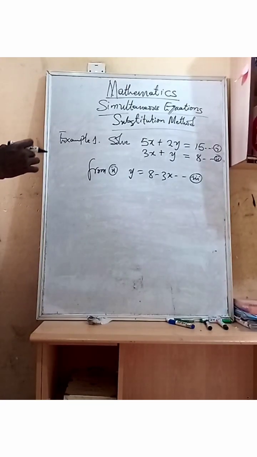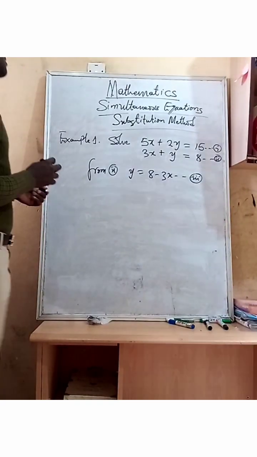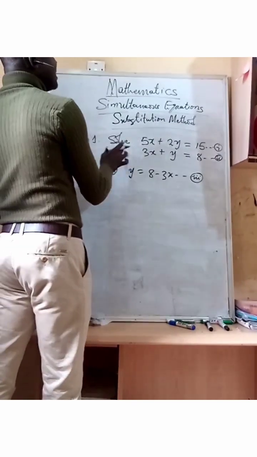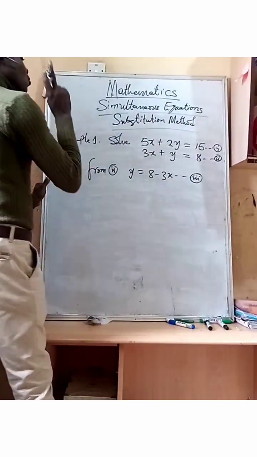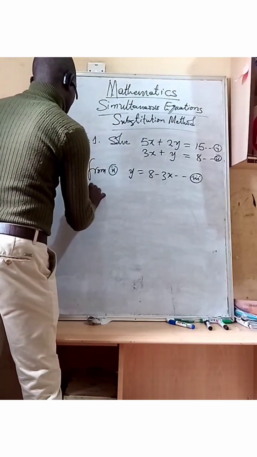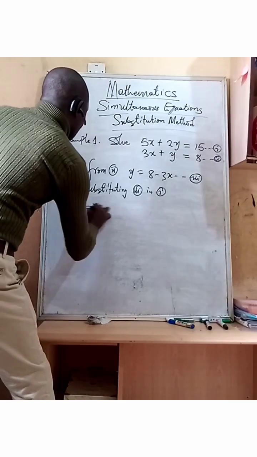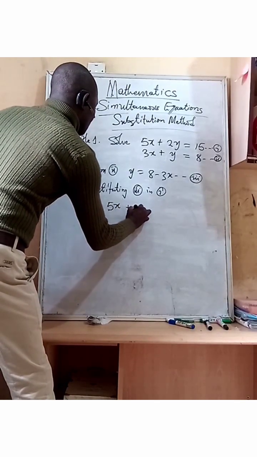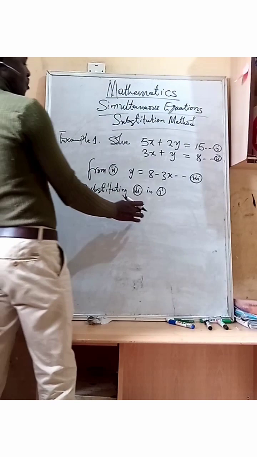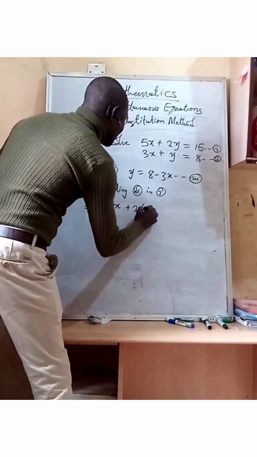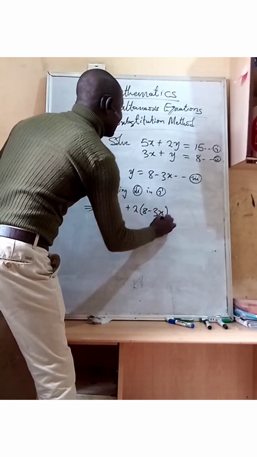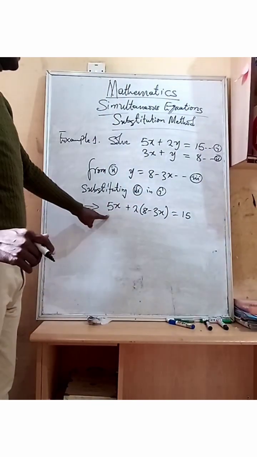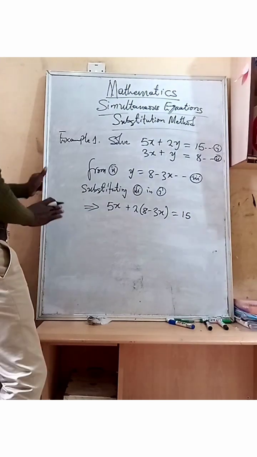So, we now have to substitute it in equation 1, thereby having a linear equation in one variable. So instead of this y now, we are going to put 8 minus 3x, then equals 15. This is substituting equation 3 into equation 1. Now we have a single variable.